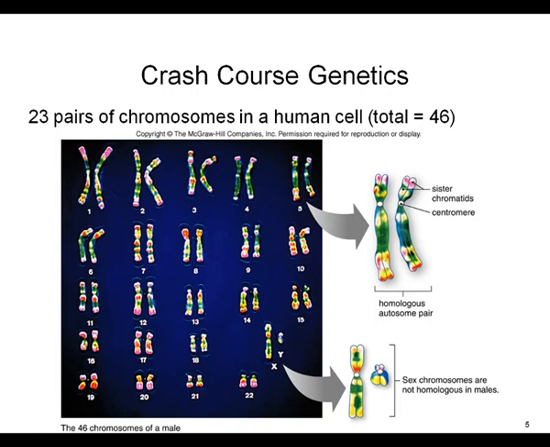So notice they're numbered, so you have chromosome number 1, chromosome number 2, chromosome number 3, etc. Notice that there are 2 copies of each. This is because you have 23 pairs of chromosomes in most of your cells. So notice chromosome 1, 2, 3, 4, 5, 6, 7. Notice that the pairs all look pretty much alike. You got one of them, incidentally, from your mother and one of them from your father.